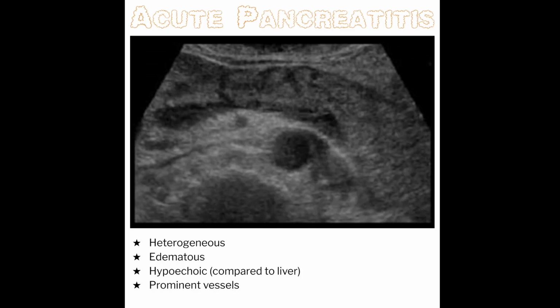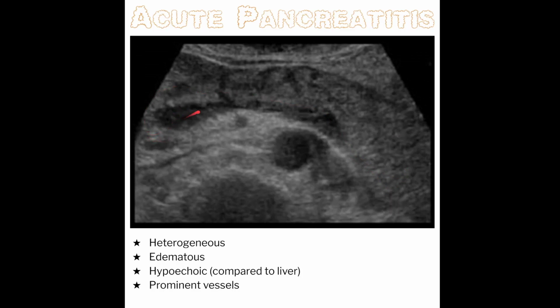Remember, anytime there's inflammation in the body, it's usually going to try to send some extra blood to the area to get more of those white blood cells, macrophages, all those guys down there to try to help fix the situation. So sometimes we see some extra blood flow to the area. So again, we have our pancreas tail, body, neck, part of the head, and the uncinate process here.